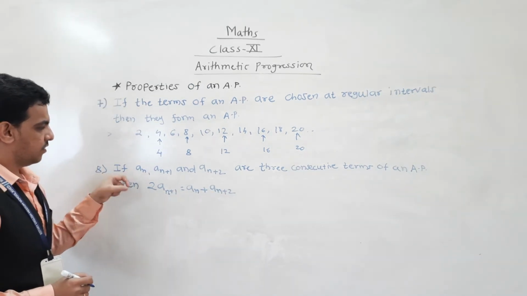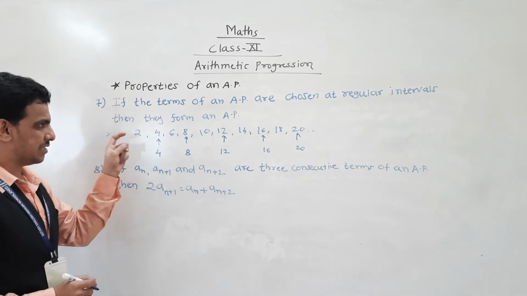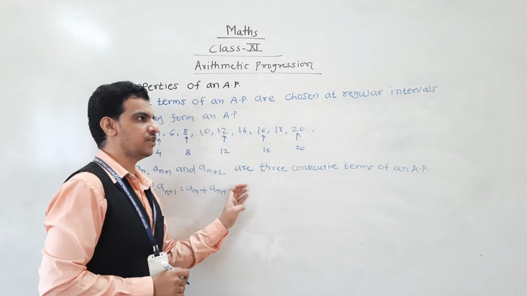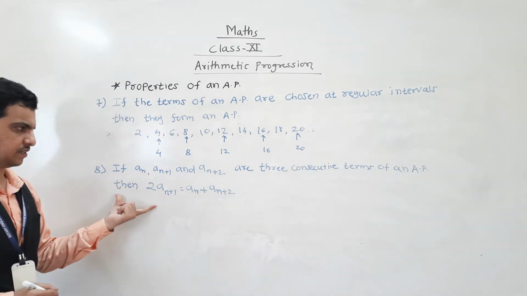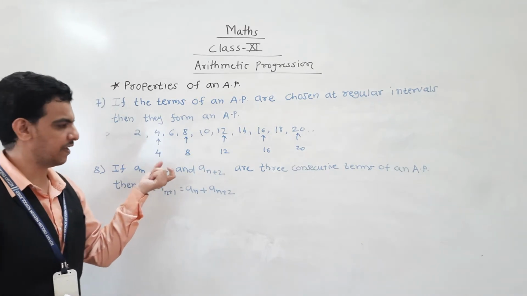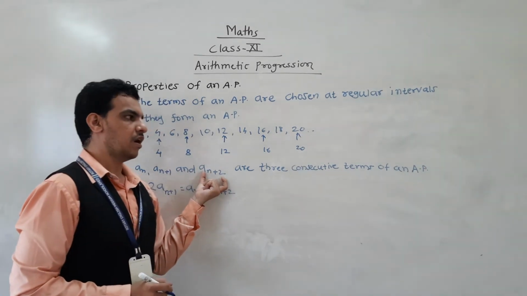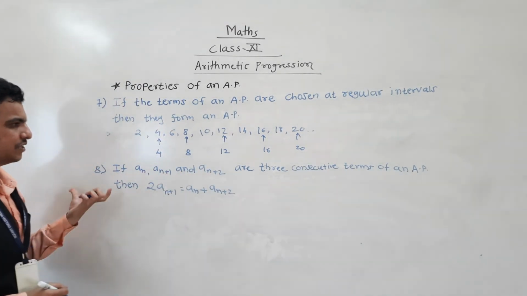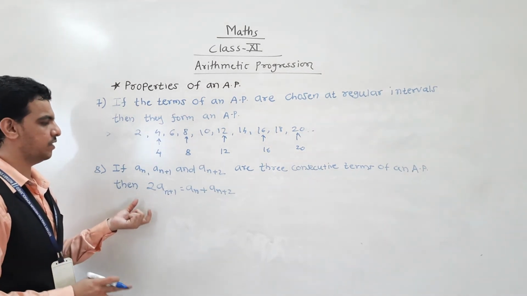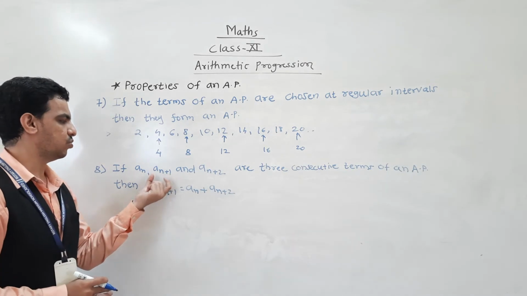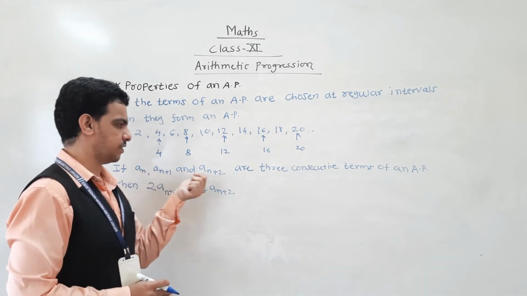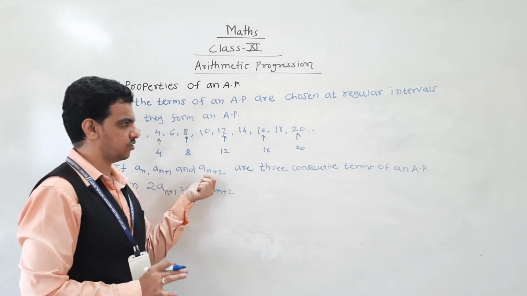That is, similarly, if a, b, c are 3 consecutive terms, then we can write 2b is equal to a plus c. So similarly, the nth term, (n+1)th term and (n+2)th term are the 3 consecutive terms of an AP. So for any 3 consecutive terms of an AP, we can write 2 into the middle term is equal to first term plus third term, okay.